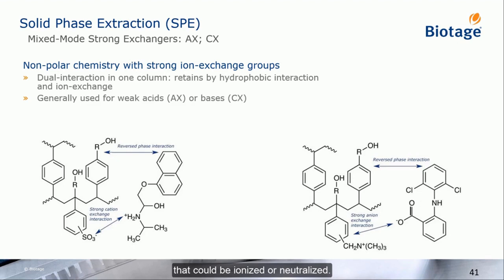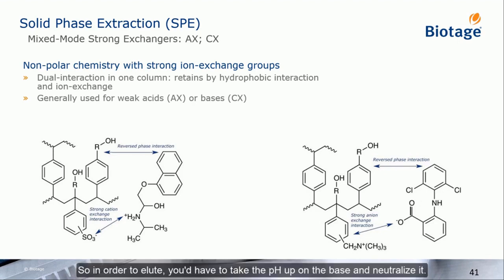ionized or neutralized. So essentially, these strong phases that you'd be looking at, the sulfonic acid here or the quaternary amine here, are permanently ionized. So retention is dictated by the pH of your extraction solvents. So in order to elute, you'd have to take the pH up on the base and neutralize.